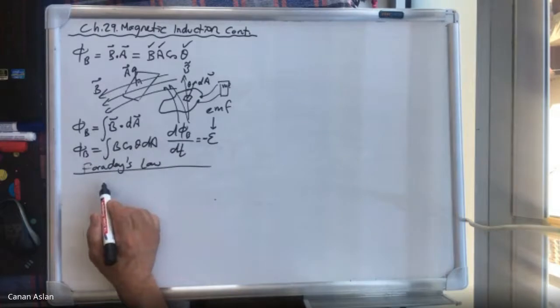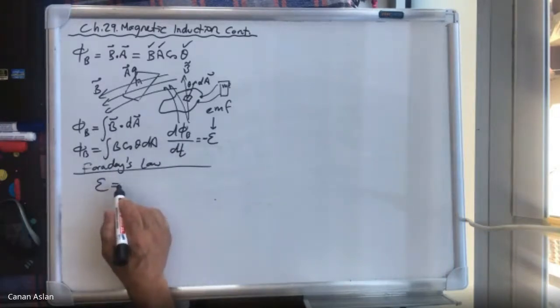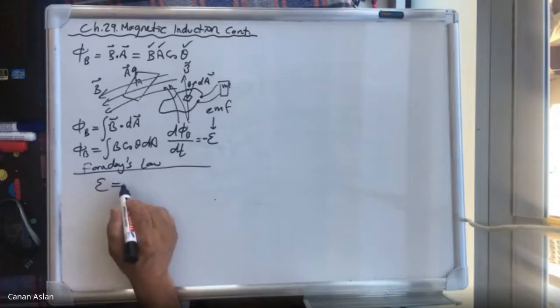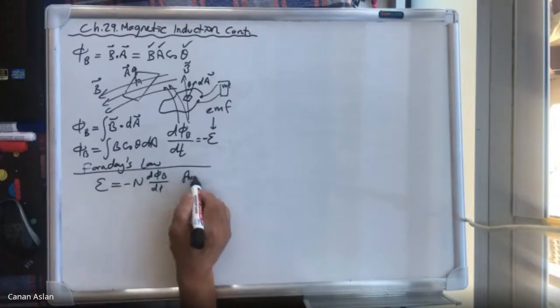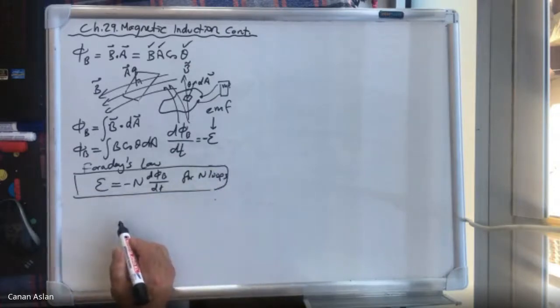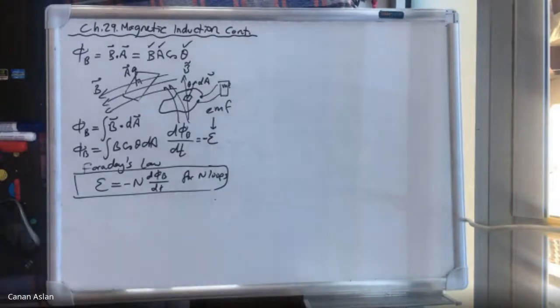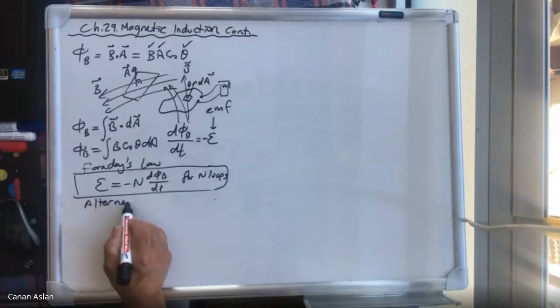So basically, the electromotive force is given by minus n d phi B over dt for n loops. We had seen this earlier, and we had solved a few examples, and finally we came to the alternator.